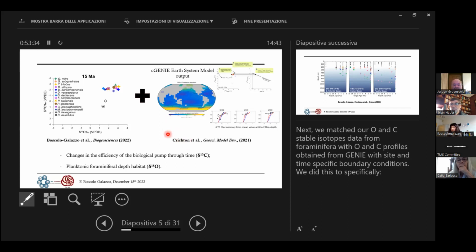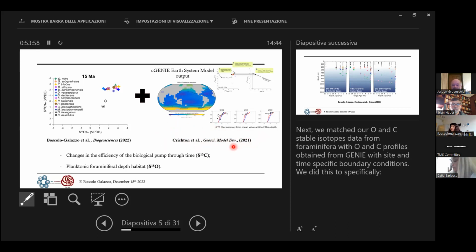But as I said, this is all published. I'm not the one who developed the model; Catherine developed the model, and for all the details we have 2 publications only for the modeling, to explain how the model was built, and all the parameterizations and the forcing.